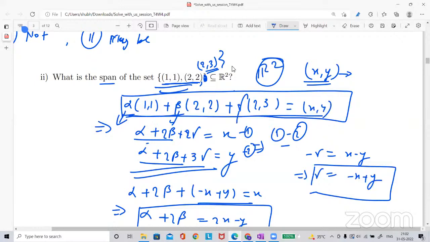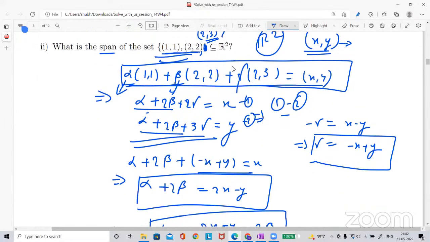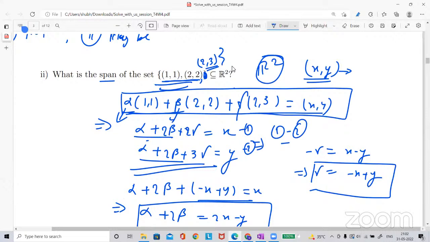Sir, you mean to say that if we have infinite solutions for this, then it covers the entire R2? If you have a unique solution also, then yes. If you have a solution, it means the span of this is R2, because you are able to get alpha, beta, and gamma. We are just writing it as a linear combination.